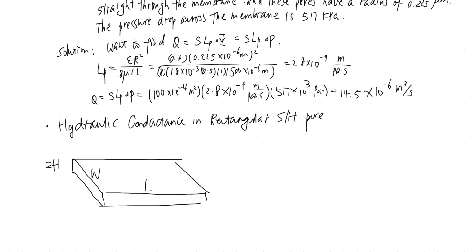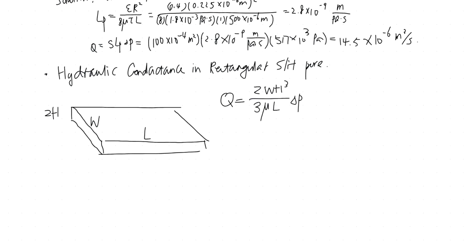So recall what we learned in the last module. In this case, the volumetric flow rate across a single rectangular pore is 2wh cubed divided by 3 mu L, multiplied by w, delta P. Now let's do the same thing: consider n number of pores, consider tortuosity, and also consider osmolarity.